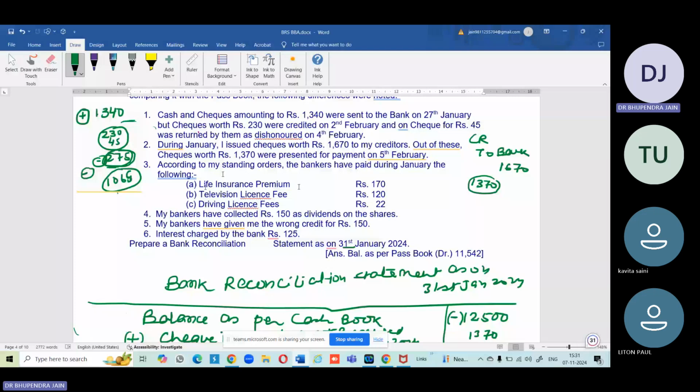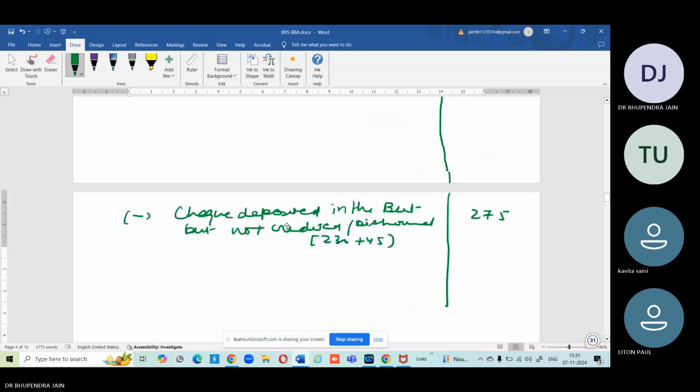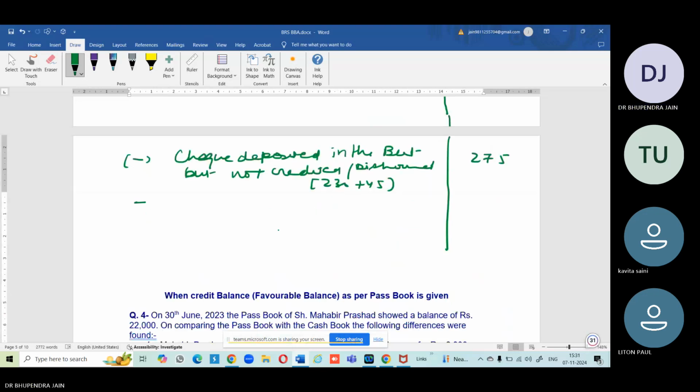The bank has subtracted the balance, but your balance has increased, so you have to subtract the balance. What will we write? Directly paid by the bank.